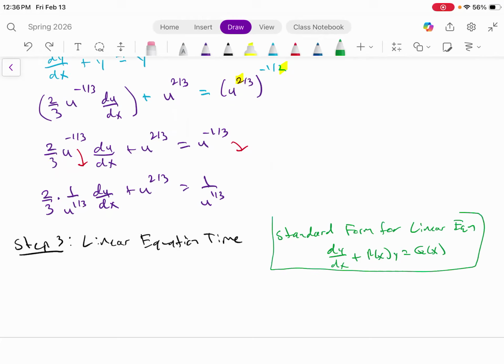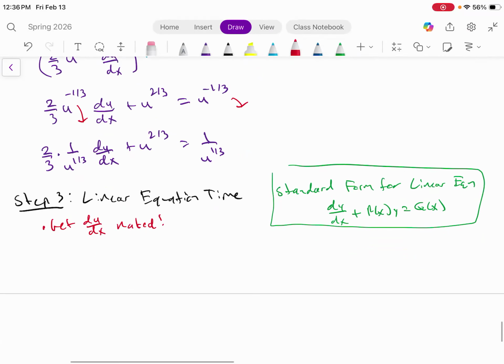And so what we want to do is get du over dx naked. We want to get our differential equation that we just got into standard form for a linear equation, and the way we do that is getting our derivative naked.